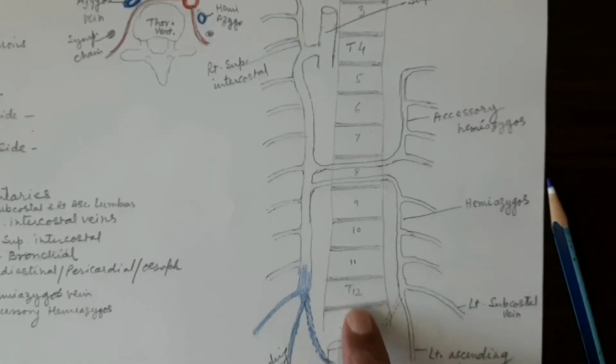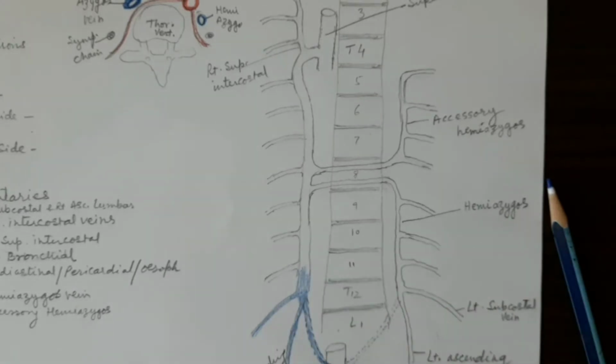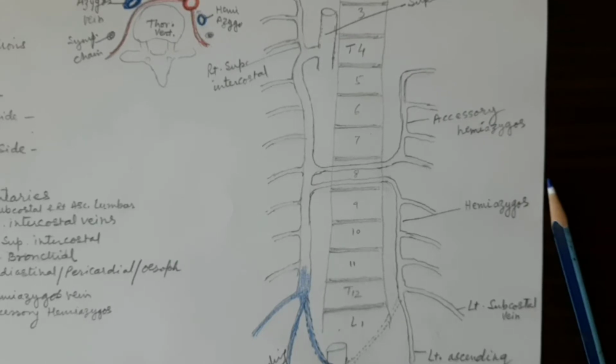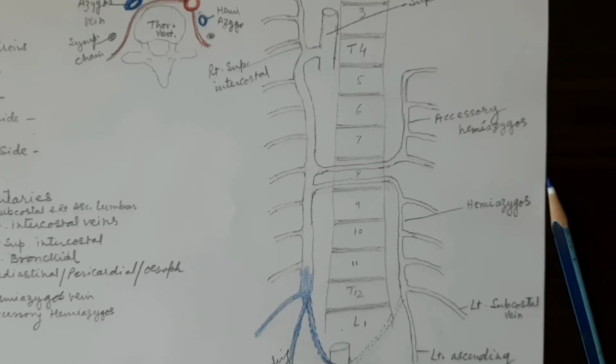This is achieved by piercing the right crus of the diaphragm, because it is on the right side, but sometimes it will also enter the thoracic cavity by passing through the aortic opening of the diaphragm. So there are two ways by which it will go from the upper abdominal cavity into the posterior mediastinum in the thoracic cavity.